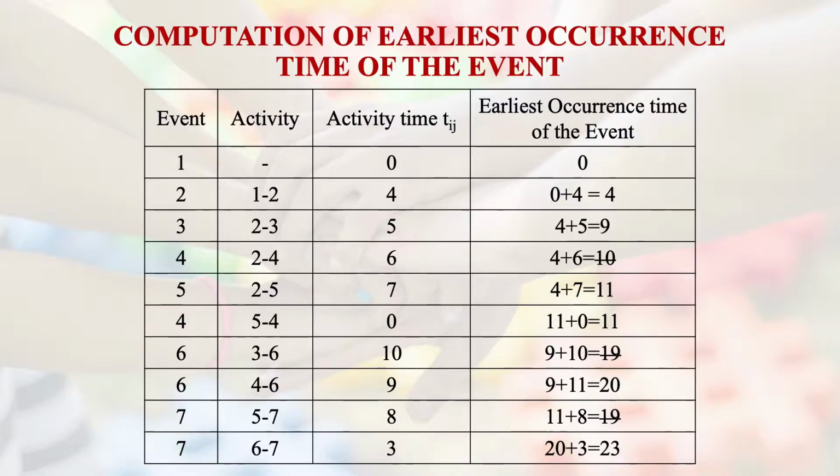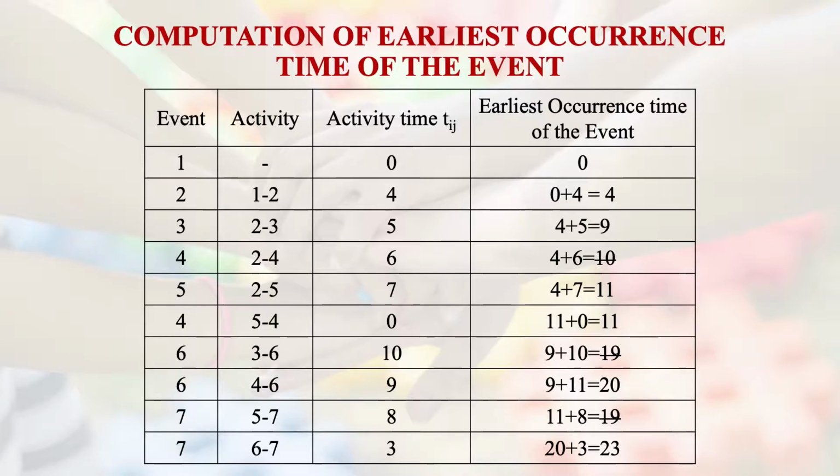Event 5 is already there; the earliest occurrence time of event 5 is 11. For event 6, you can see once again there are two paths and the maximum of the two is selected: 9 plus 10 equals 19 and 9 plus 11 equals 20. This is what I explained in the diagram, and the table also shows the same thing, so you can refer to the table as well as the diagram in a cyclic way.